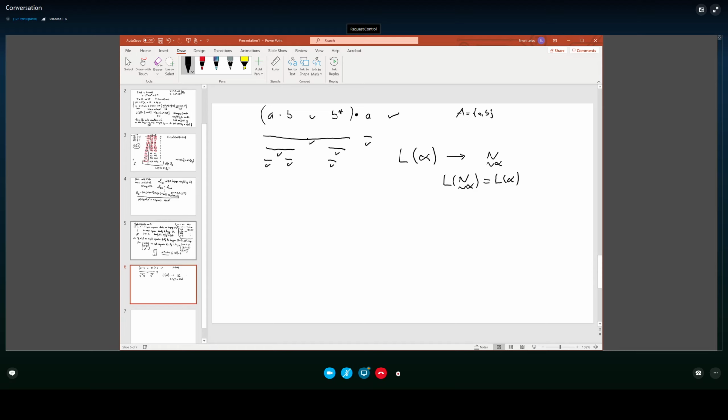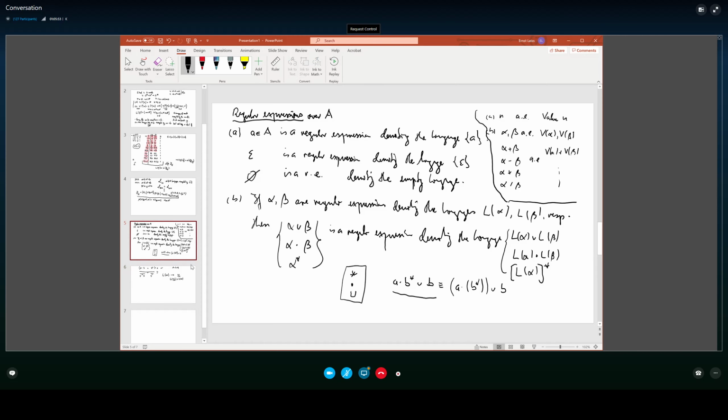If you go back to the definition of the regular expression, it isn't just a recipe to form regular expressions. It also tells you exactly what the language is that is denoted by that regular expression. So a letter in the alphabet is a regular expression denoting the language that consists just of that letter. Epsilon is a regular expression denoting the language consisting just of the empty string.